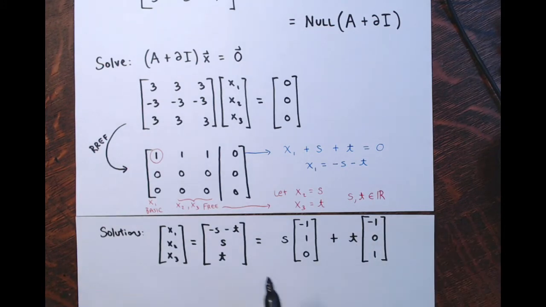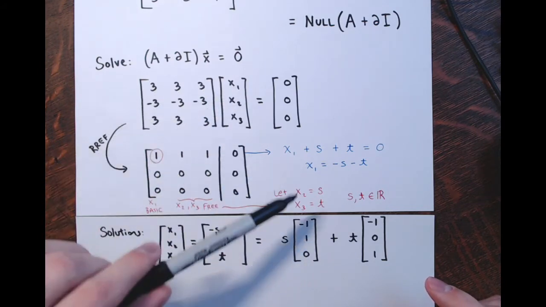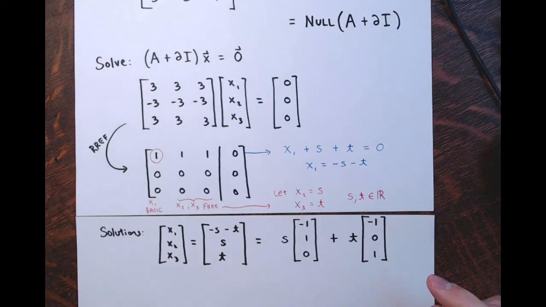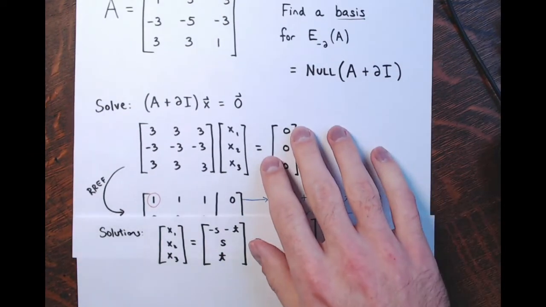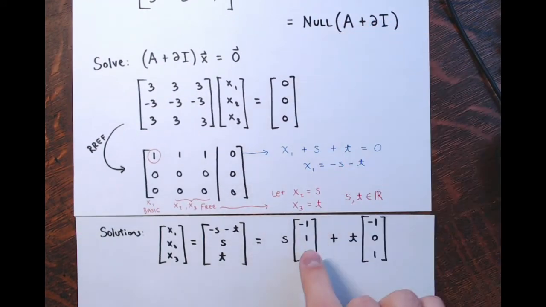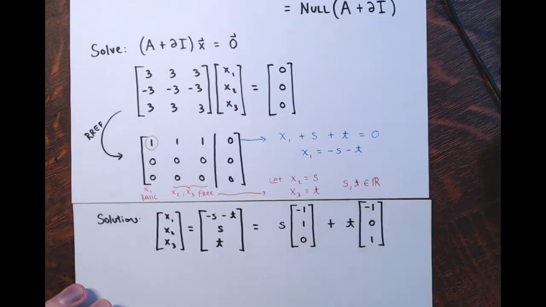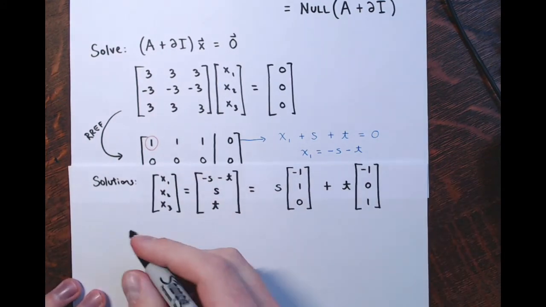Right? So it looks to me that every solution to this equation, every vector in the null space of this matrix, in other words, every vector in this eigenspace, is a linear combination of -1, 1, 0 and -1, 0, 1. So I'll write this out.